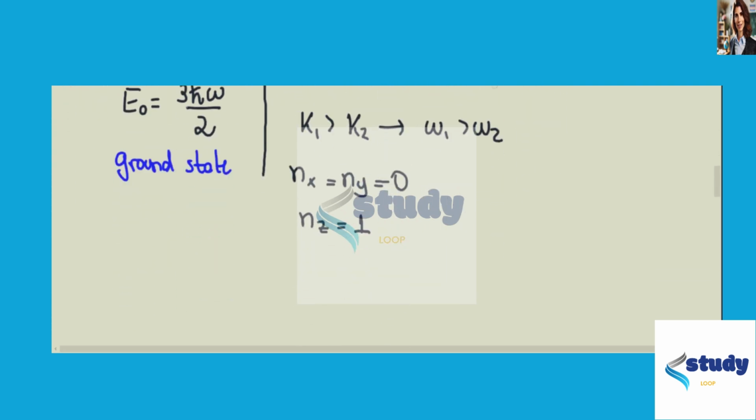So the first excited level happens exactly at this state. Okay, so this is the first excited state. And the energy, in this case, is equal to 5/2 of h bar omega.